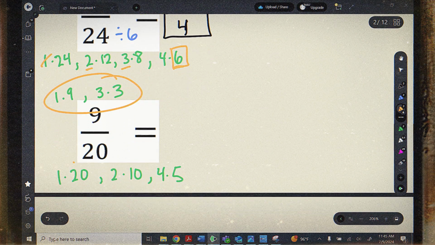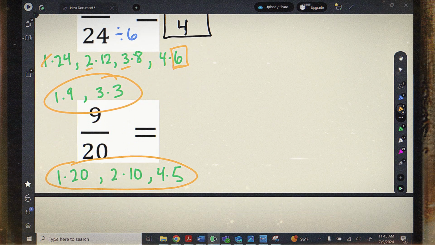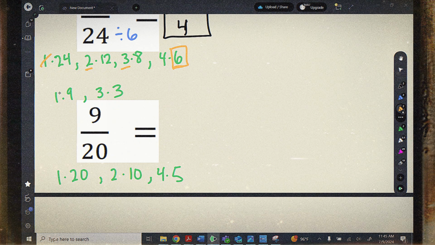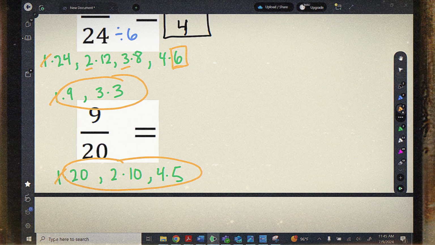So a number that's on both of those lists. And remember, 1 is always going to show up, but 1 never helps us simplify, so we cross off the 1. After we cross off the 1, notice that there is no common factor.